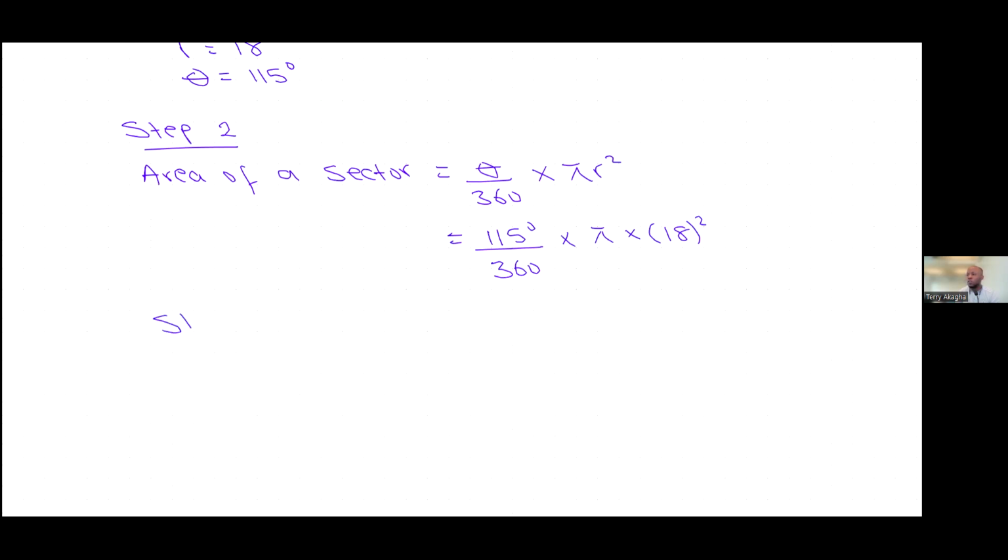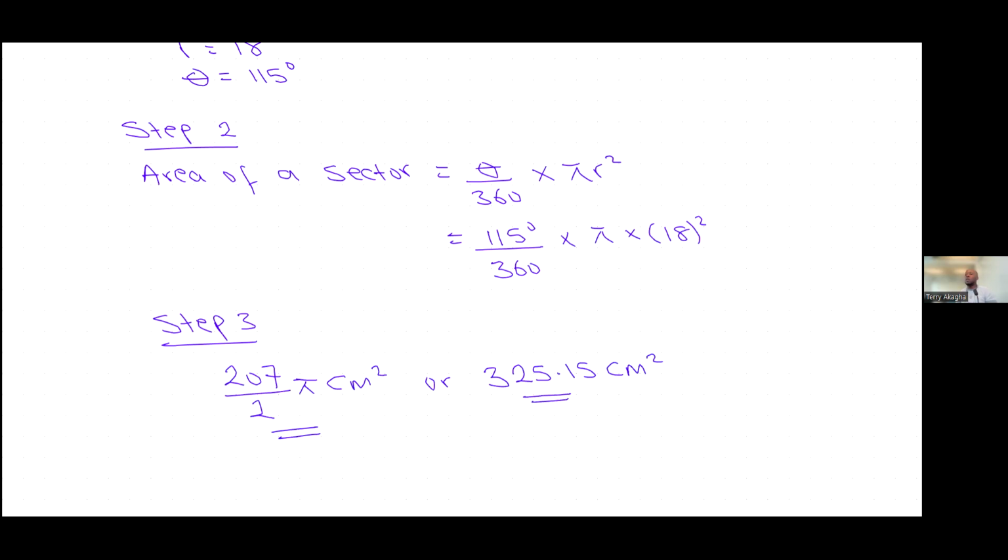You punch this into your calculator, and when you press that, it should give you 207 divided by 2 pi centimeters squared. Or if you need this in decimal, it should give you 325.15 centimeters squared.